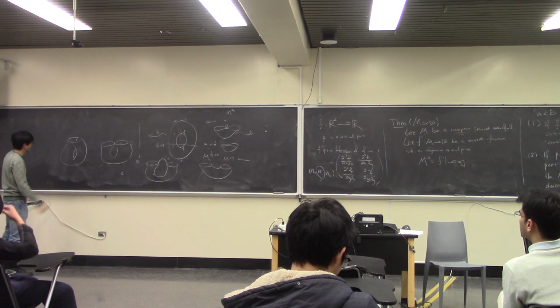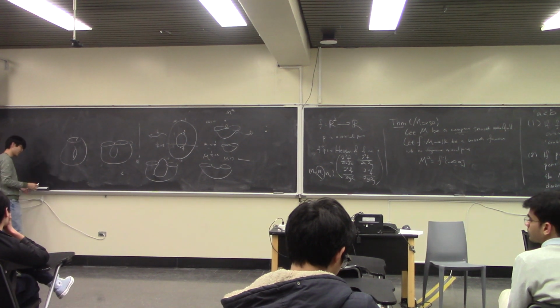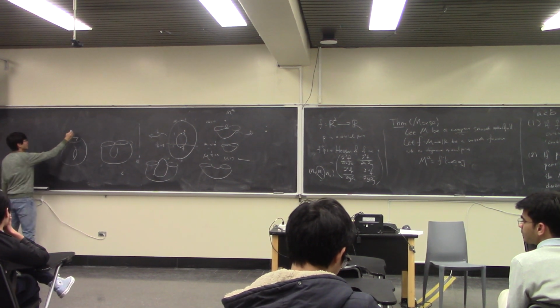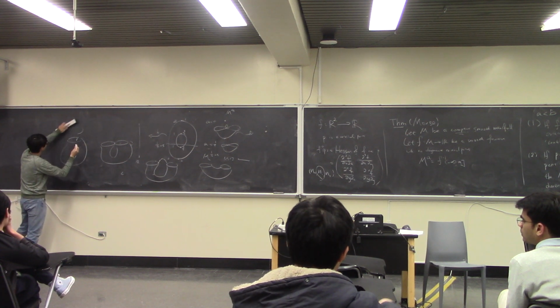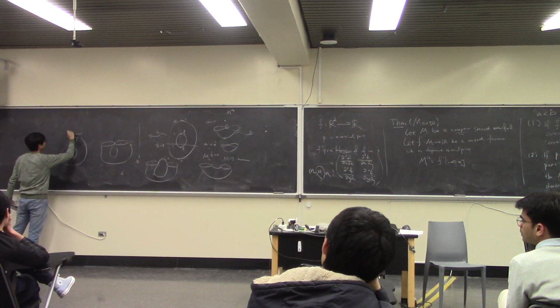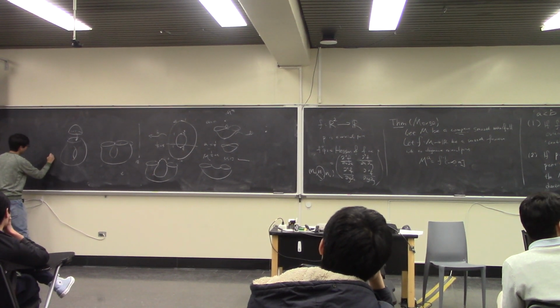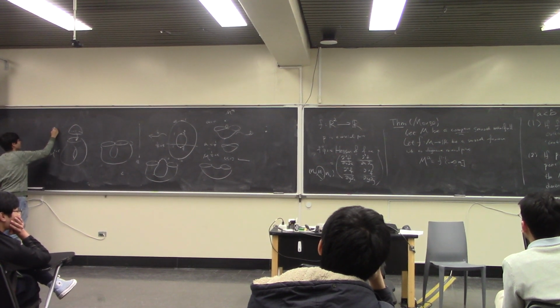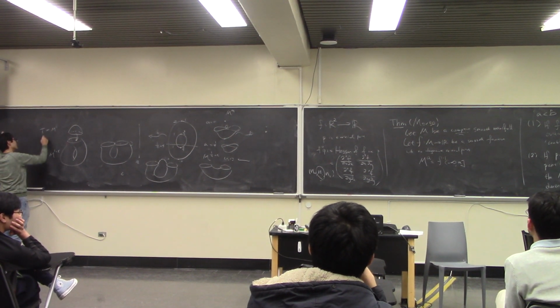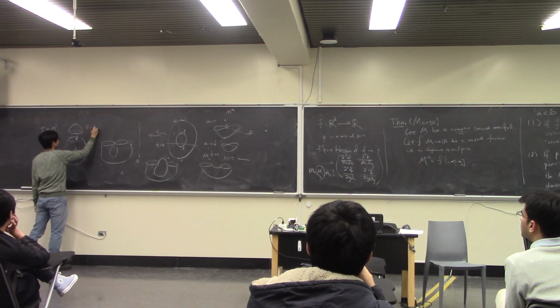And finally, the last critical point, the closing of this gap. By closing of this gap, you should think of this as attaching a cap into this M_1 minus epsilon to form M_1. This cap is really a two-dimensional disk.